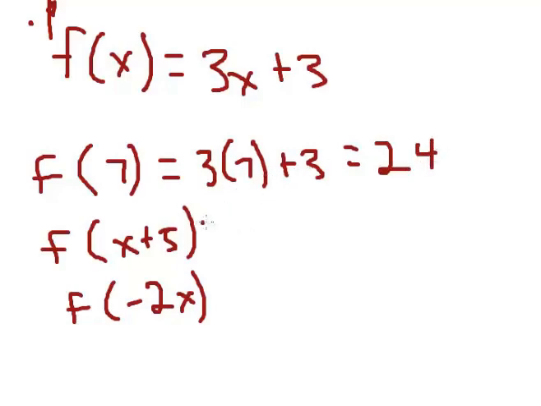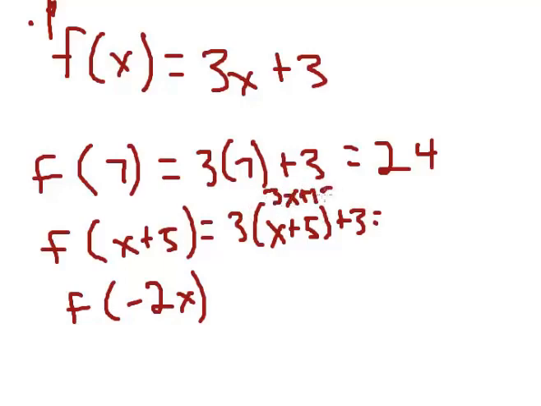In this case, f of x plus 5, well, substitute 3 times x plus 5 plus 3 equals, well, 3 times x is 3x. Remember, you have to distribute: 3x plus 3 times 5 plus 3, which is 3x plus 15 plus 3. You can combine the 15 and the 3, so you've got 3x plus 18.